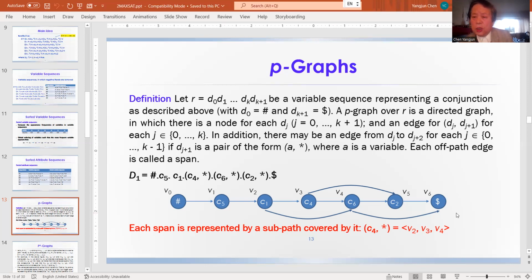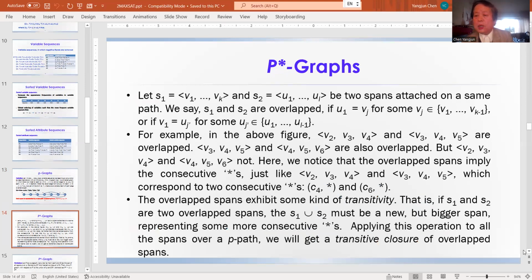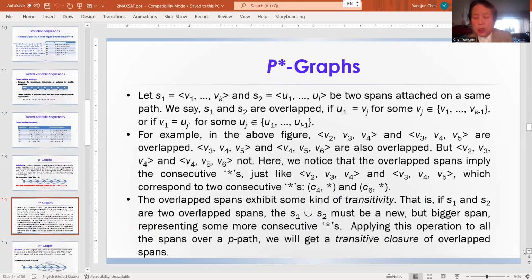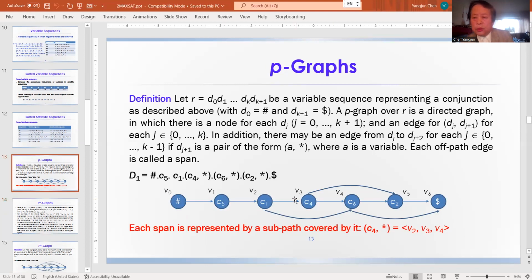For each P graph, we can define another graph called P star graphs. For this, special attention should be paid to the overlapped spines. In this P graph, we have this spine overlapped with this one, and this spine is also overlapped with this one.